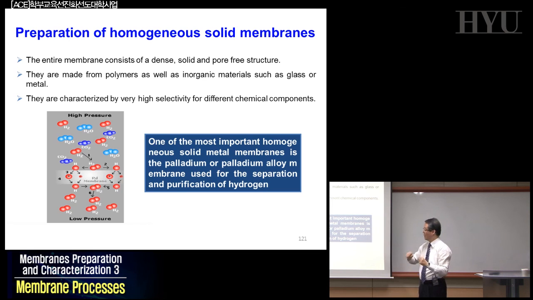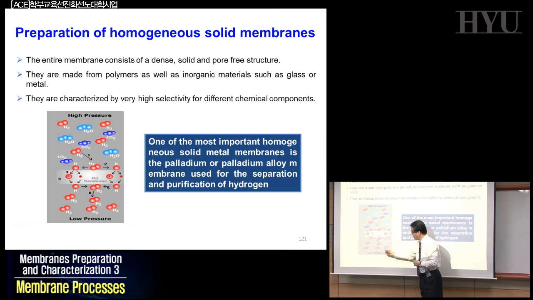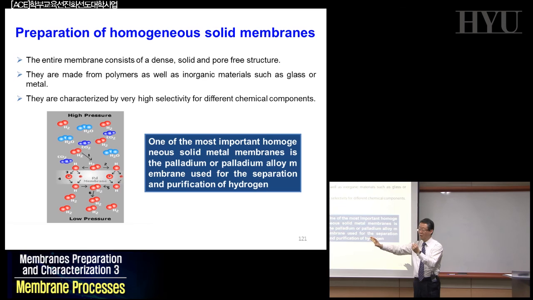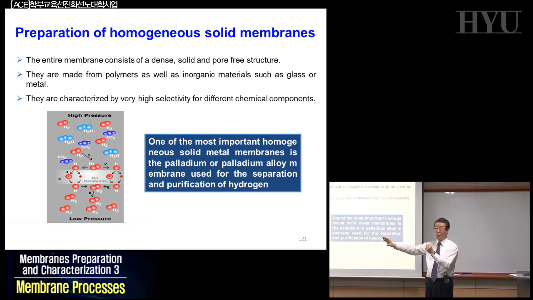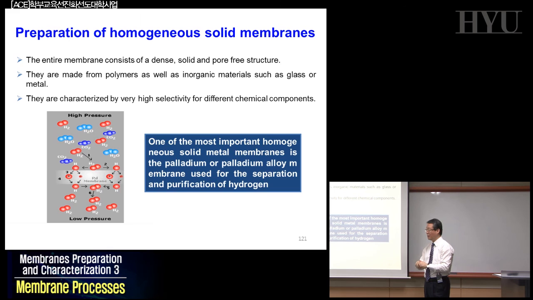When you separate the hydrogen from your mixture of CO2 and hydrogen, this hydrogen can be collected and fed into the reactor, and you can generate heat, because hydrogen has much higher heating power, so that it will heat them up.